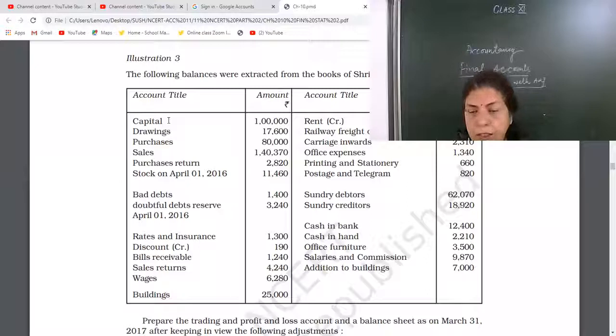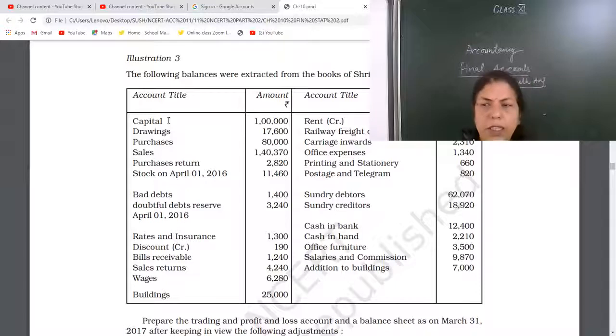Then wages, trading. Building, asset. Rent, credit side of P&L. Railway freight on sales, P&L. Carriage inward, trading. Office expenses, P&L debit.